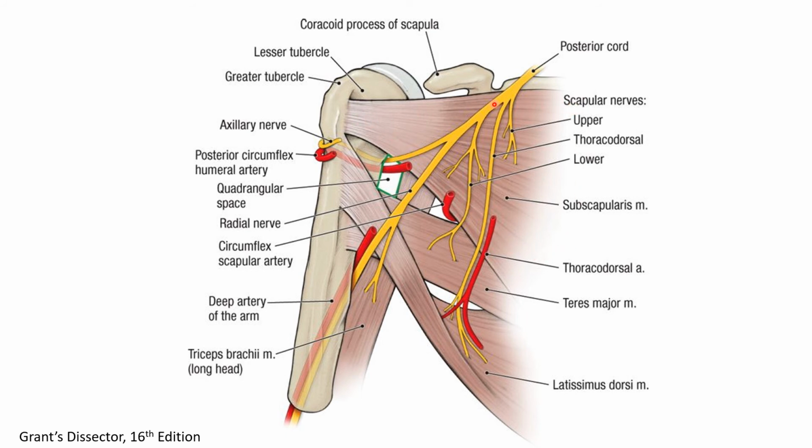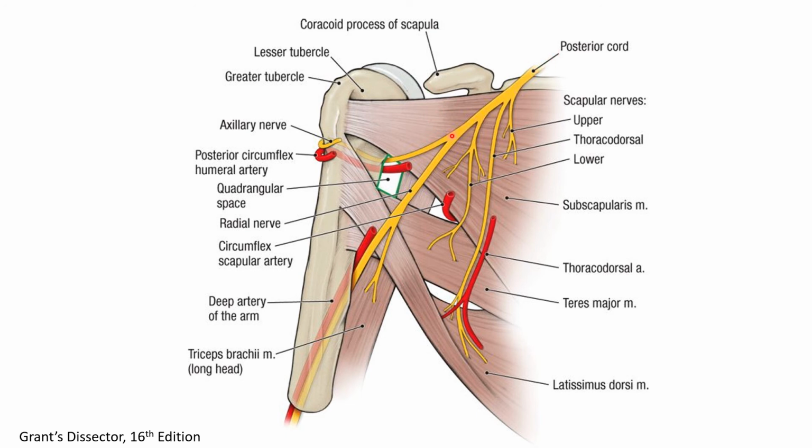Okay, so you're looking at the anterior portion of the subscapularis muscle. So on the posterior side of this would be the subscapular fossa, or the anterior side of the scapula. Okay, here's the coracoid process of the scapula. Just for reference, here's greater and lesser tubercle of the humerus, head of the humerus. So the glenoid cavity would be right here.